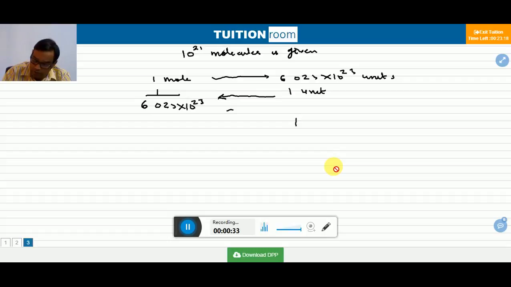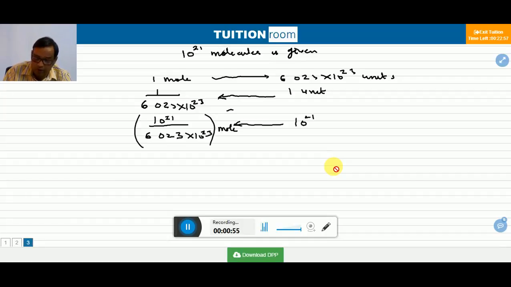If 10 to the power 21 molecules, 10 to the power 21 units are given, then it is equal to 10 to the power 21 upon 6.023 into 10 to the power 23. This term is mole.